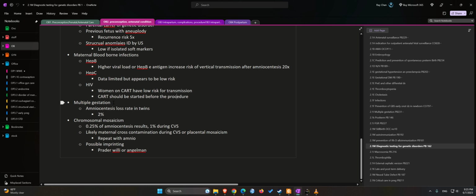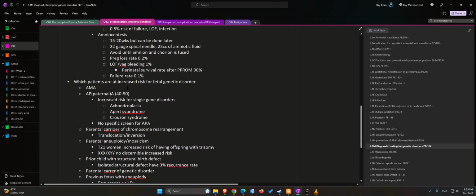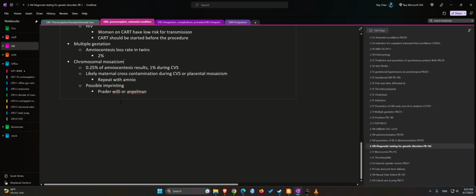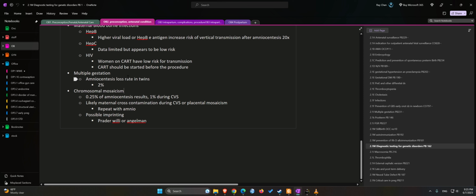For multiple gestations, amniocentesis loss rate in twins is 2% versus 0.2%. Chromosomal mosaicism: 0.25% of amniocentesis results can have chromosomal mosaicism, versus 1% during CVS. It is likely maternal cross-contamination during CVS or placental mosaicism.